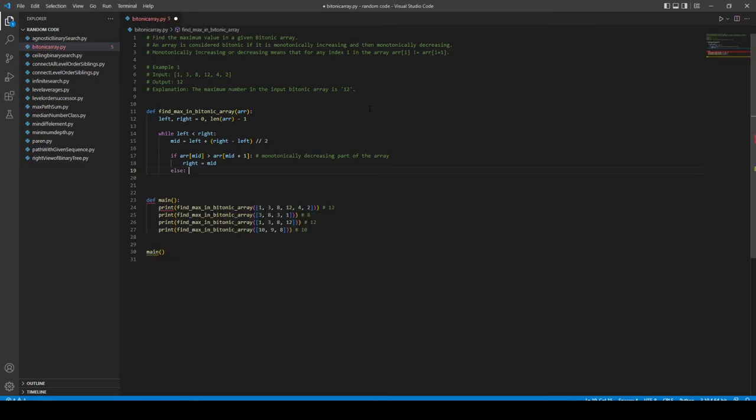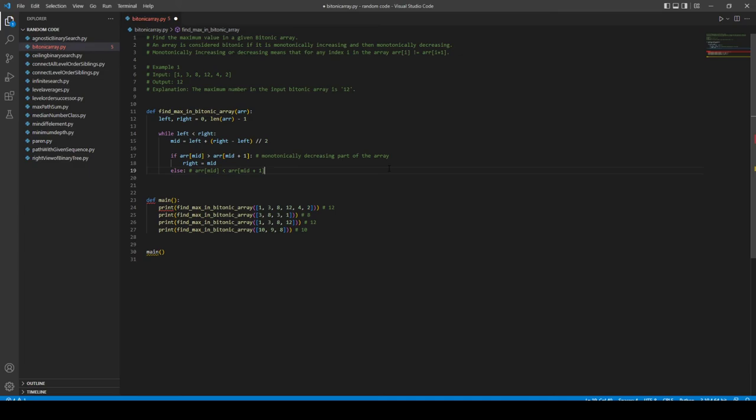Else, this just stands for array mid is less than array mid plus 1, because it does not equal either. It has to be increasing or decreasing, so we never have to worry about them being equal to each other.